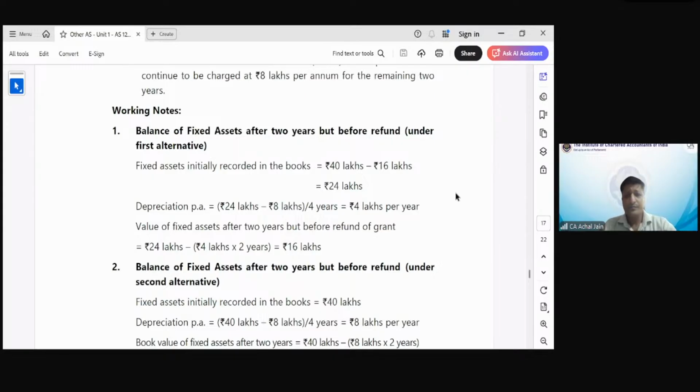Therefore, over a period of 2 years, what is the amount of depreciation you will charge? 8 lakhs, right? So after 2 years, the balance will become 16 lakhs, right?